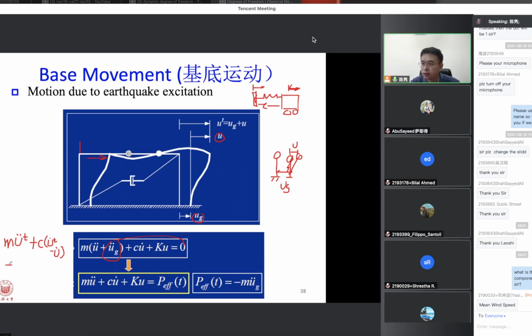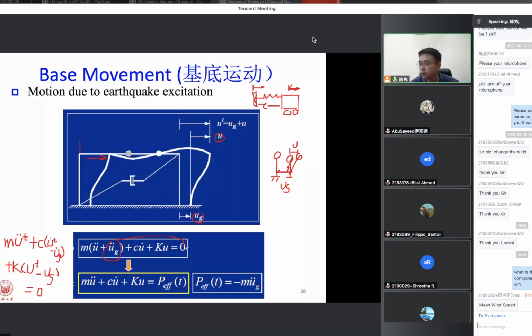Similarly for the restoring force, it should be k times u t minus u g, which is the movement of the ground or the base, and equals 0.